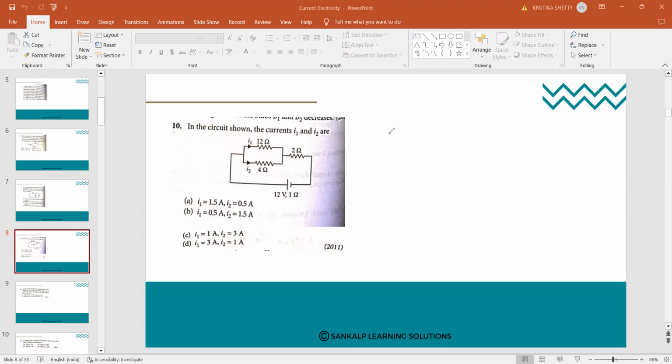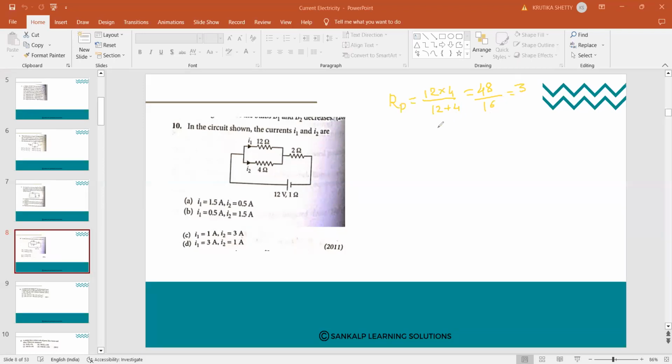First, let us simplify the parallel and series connections. The first two are in parallel, so Rp is equal to 12 into 4 upon 12 plus 4. 12 fours are 48, divided by 12 plus 4 which is 16. So therefore it is 3.